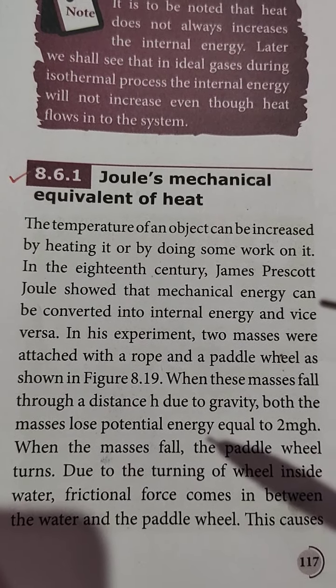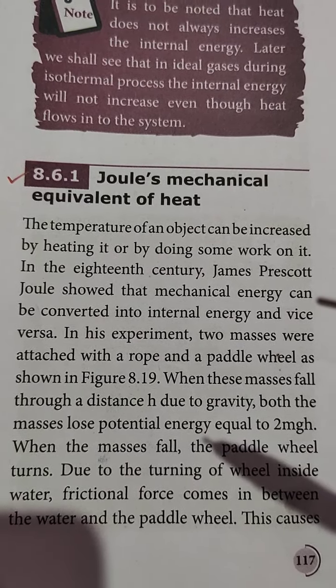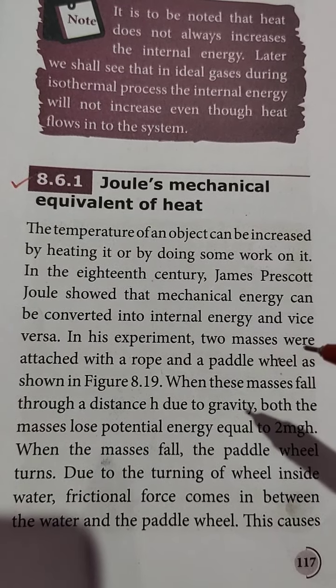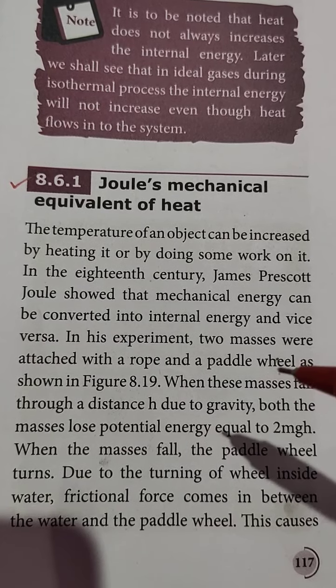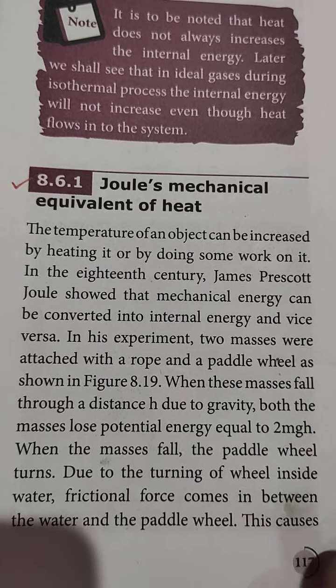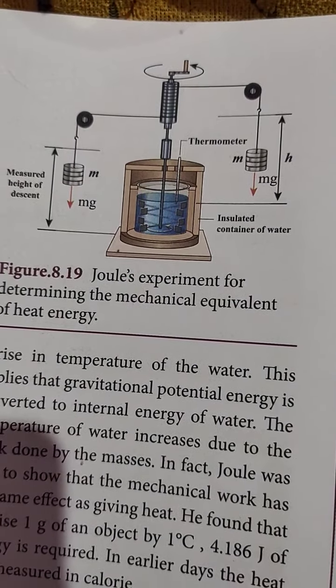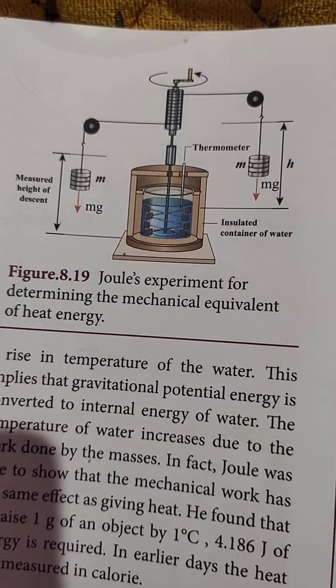In the 19th century, James Prescott Joule showed that mechanical energy can be converted into internal energy and vice versa. In his experiment, two masses were attached with a rope to a paddle wheel, as shown in figure 8.19. This is Joule's apparatus, figure 8.19.